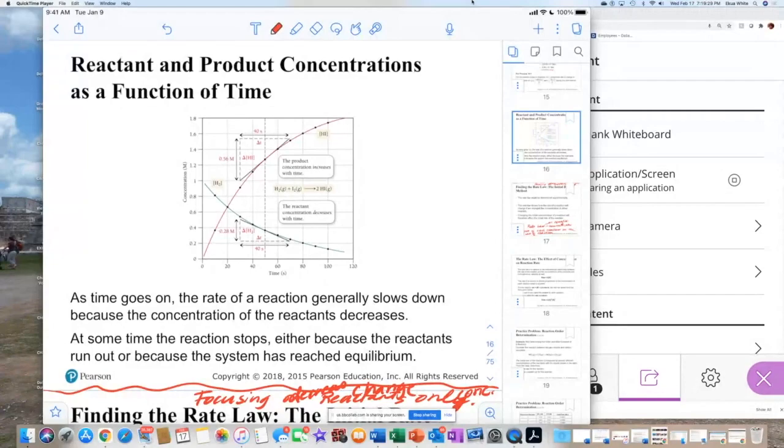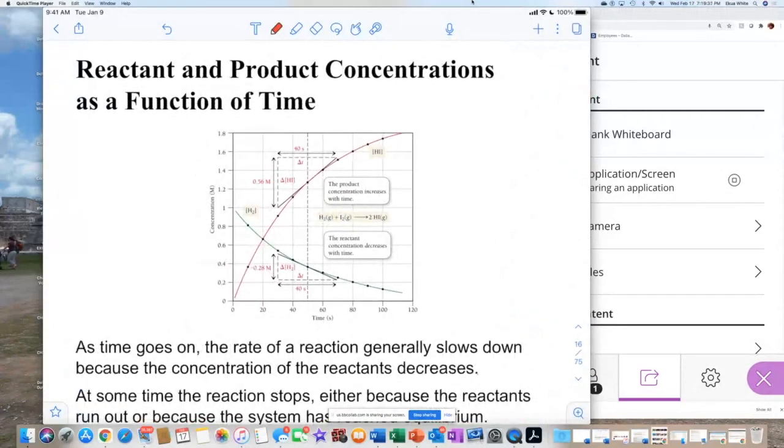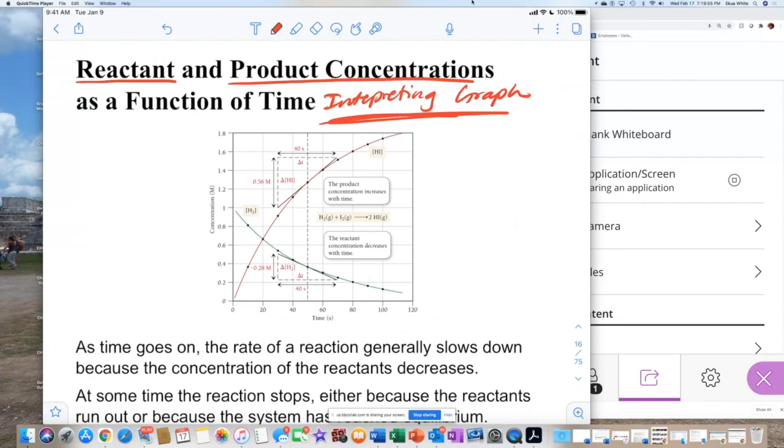Okay, before we start focusing on the single reactant, we want to look at the graph. You want to be able to interpret it. So we're talking about interpreting the graph. It's one of those learning objectives written in the syllabus that you need to know how to read the graph. We want to know how to interpret the reactant and the product concentration changes as a function of time. How is the reactant concentration changing with time?